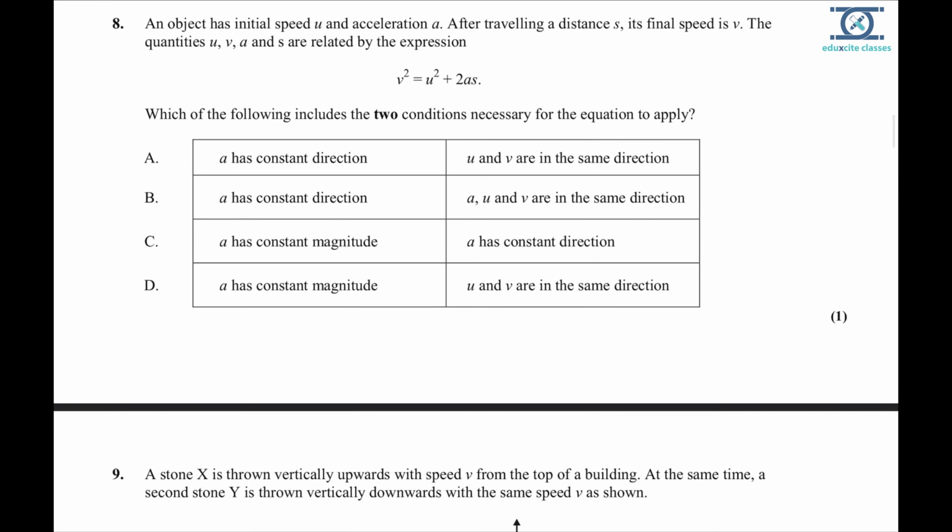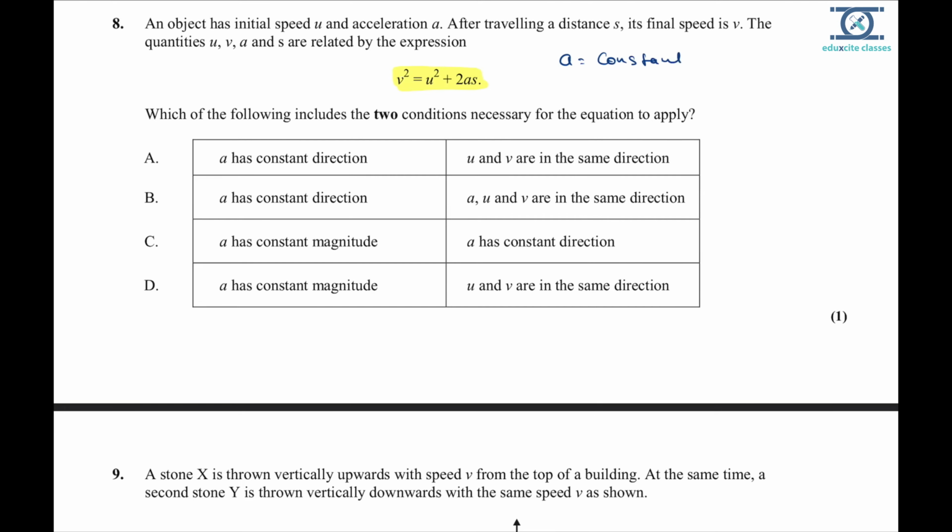Now question number 8. An object has an initial speed u and acceleration a, and after traveling a distance s, the final speed is v. We know the equations of motion. You have to be very careful while using these equations of motion, that they are only and only applicable when your acceleration is constant.